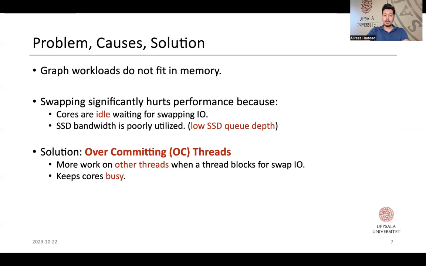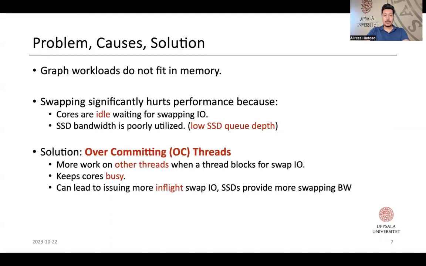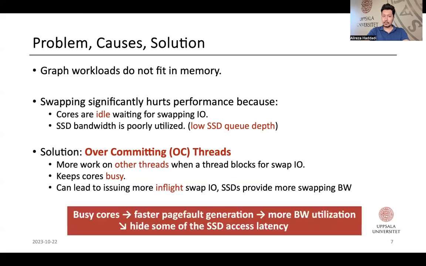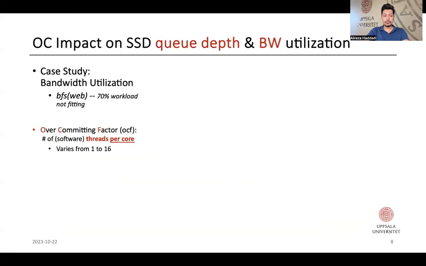Thread overcommitting keeps cores busier, and it can lead to issuing more in-flight swap IO, and in turn, SSDs provide more swapping bandwidth. So busier cores lead to faster page fault generation, which in turn leads to more bandwidth utilization. And busier cores, again, can hide some of the SSD access latency.